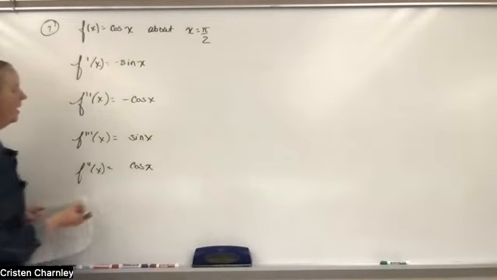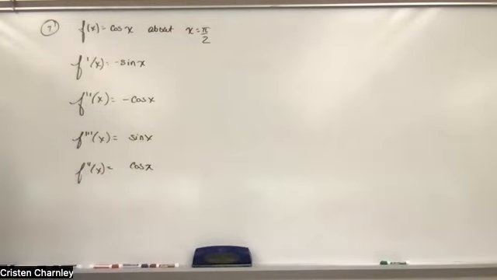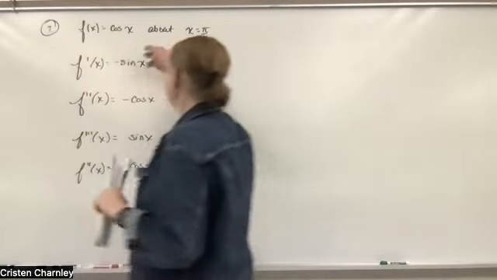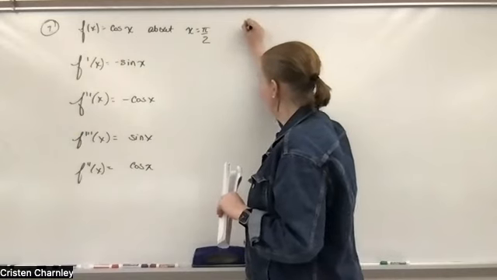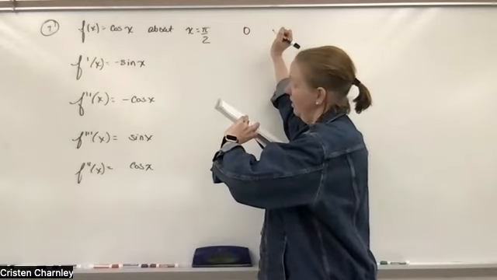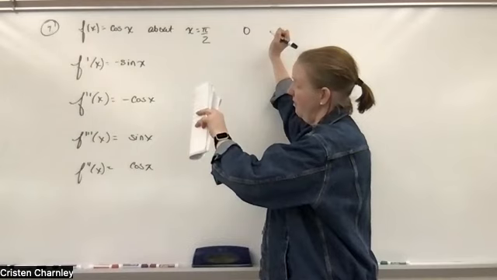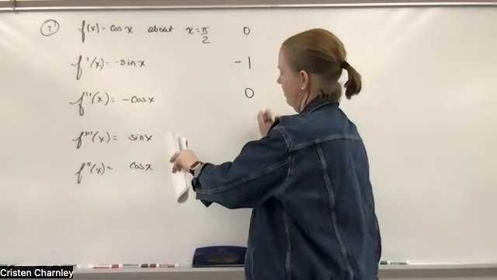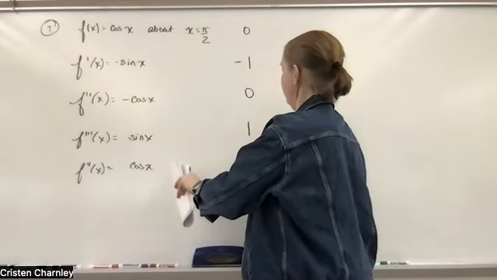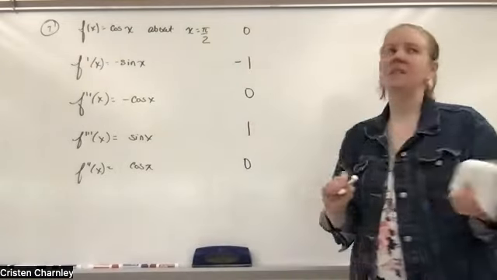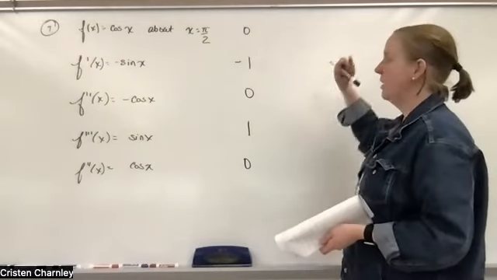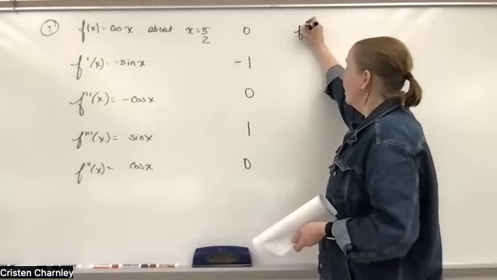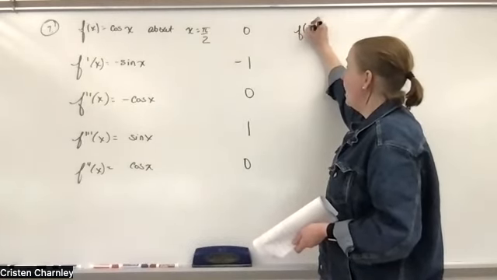Cosine. All right. Now where are we evaluating these derivatives this time? Pi/2. So cosine of pi/2 I know is 0. This one's -1. Yes. Cosine is 0. This is 1. This is 2. So it's the same formula we had before, the same expansion, except we now evaluate it at pi/2.